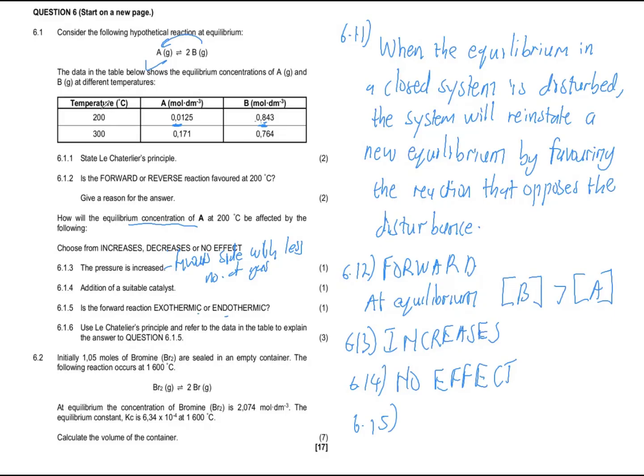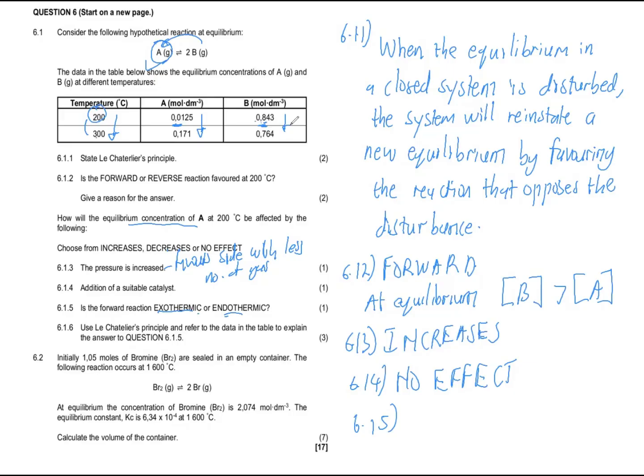Oh, okay, now I see. The 200 has now been increased to 300. So now they're asking, is the forward reaction exothermic or endothermic? Now, obviously, we have to determine based on what is happening. We can see from 200 to 300, they've increased the temperature. And now we can see that this one is now being favored because there is an increase in concentration.